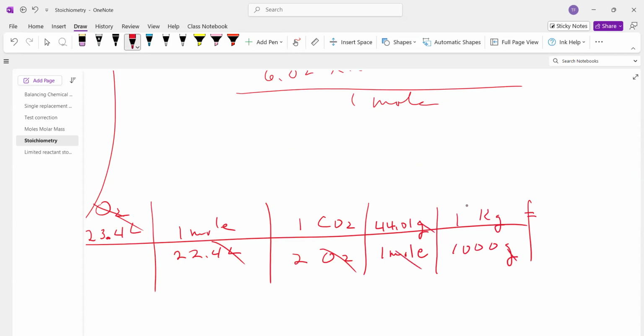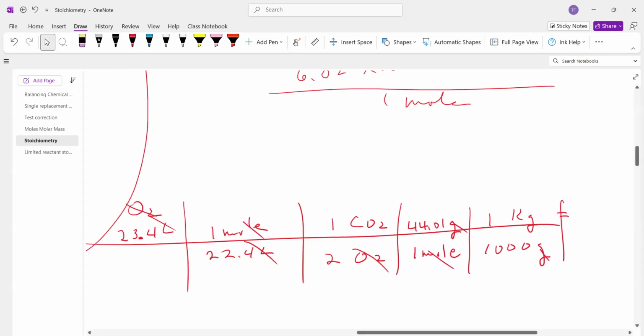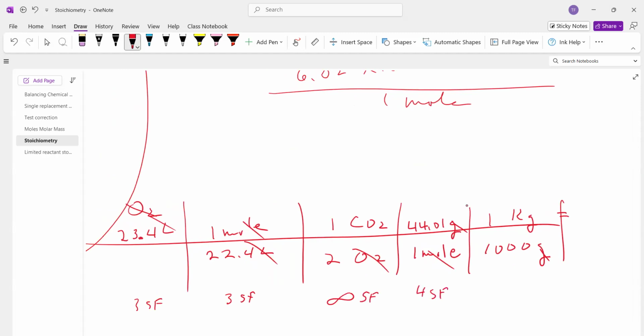And moles cancel. Everything cancels except kilograms carbon dioxide. So we have 3 sig figs, 3 sig figs, infinite sig figs, 4 sig figs, infinite sig figs because it's by definition. All metric stuff is by definition.